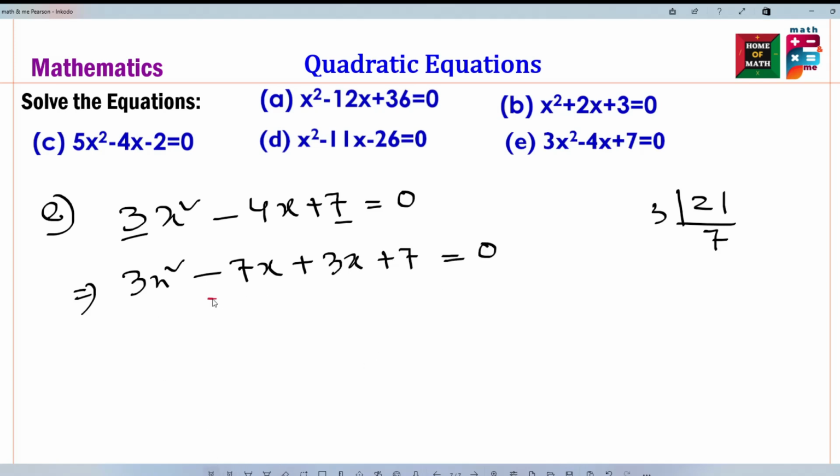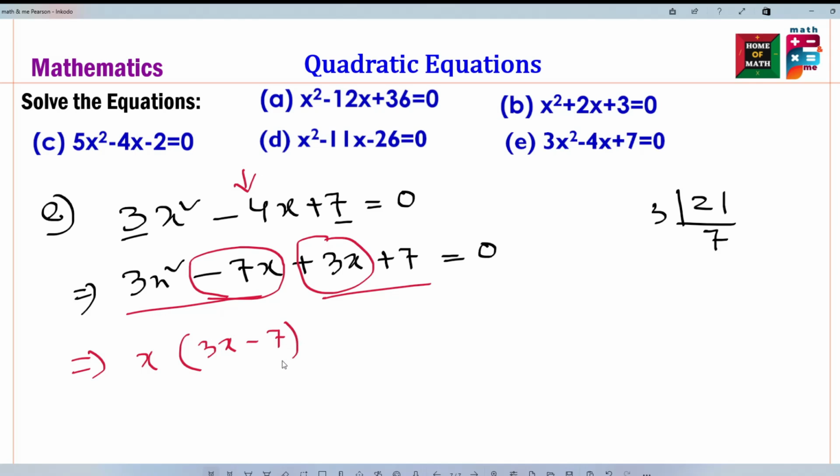But look, here is minus 7 and here is plus 3x. It's true it will become minus 4x, but we cannot do it by factoring. Why? If we take x common, we will get 3x minus 7, but here is plus 1 common, so 3x plus 7. So it is not possible.